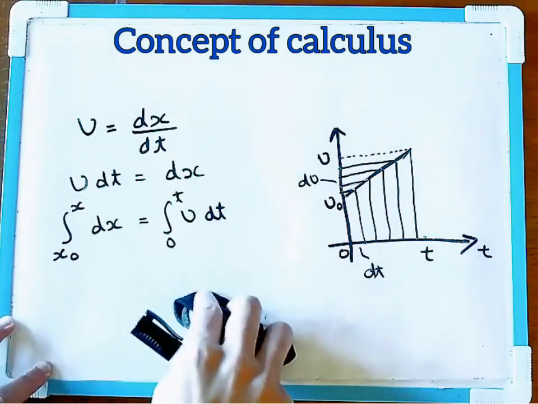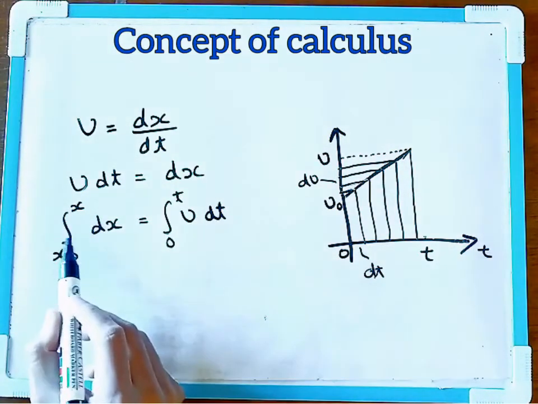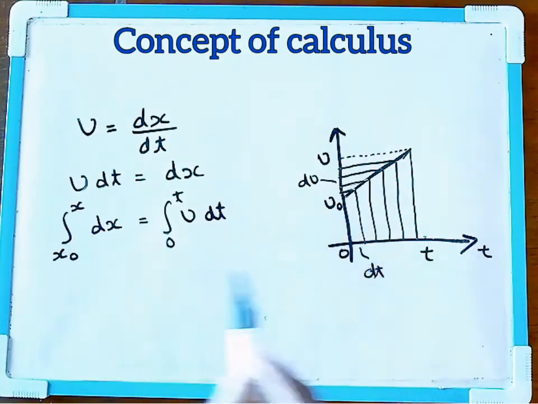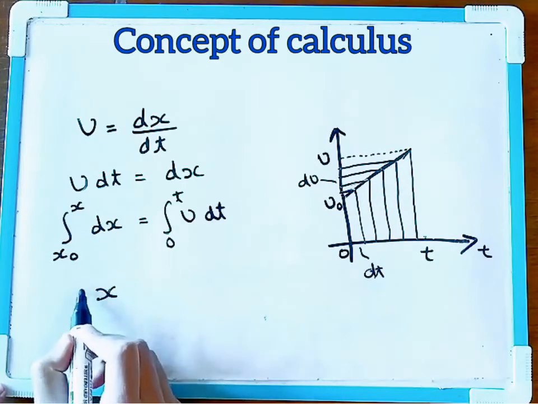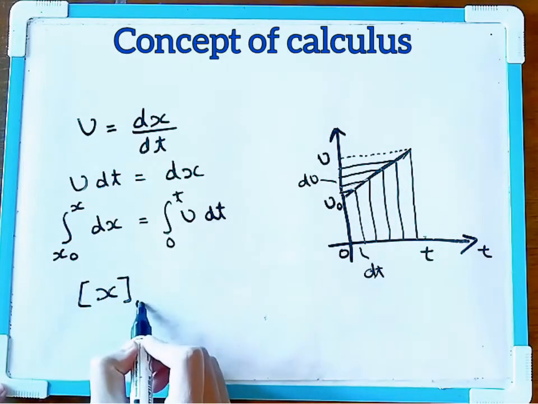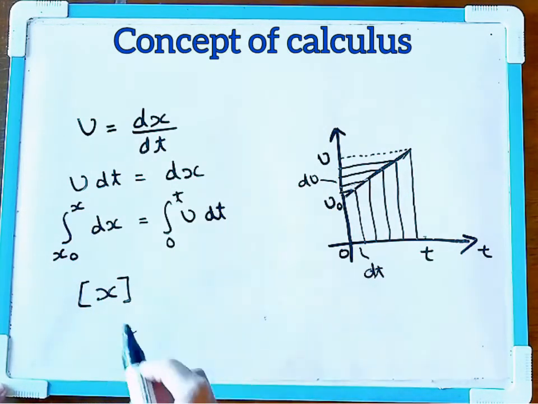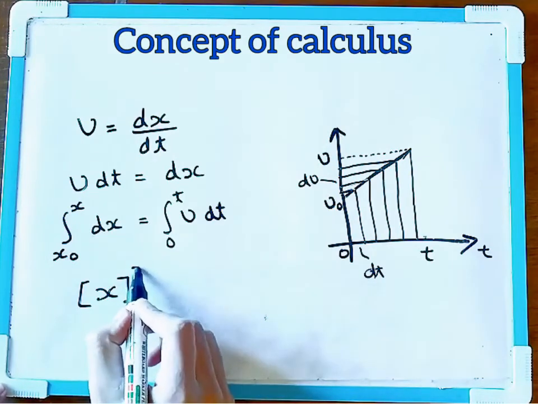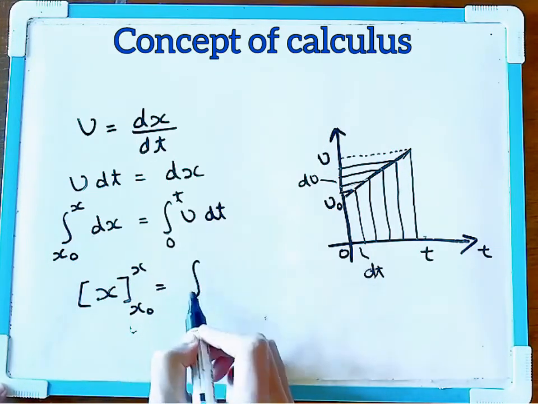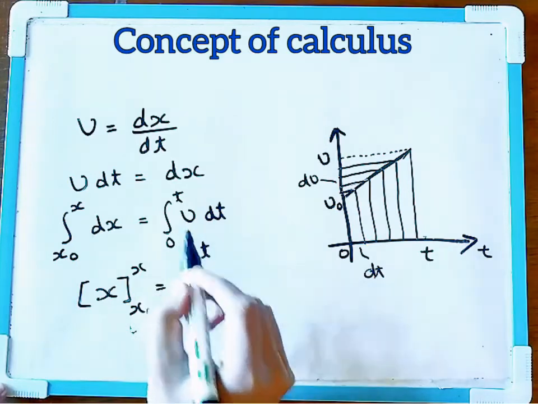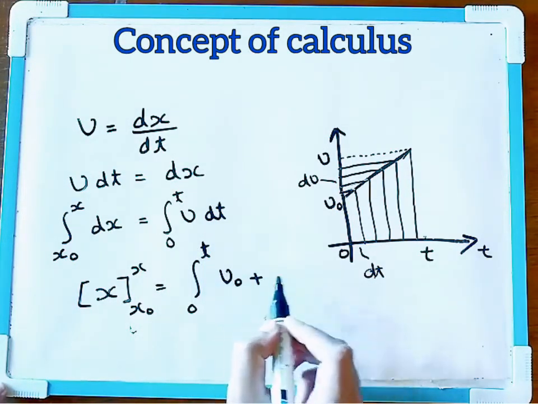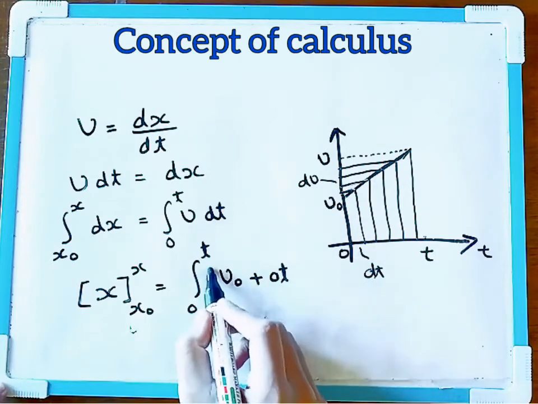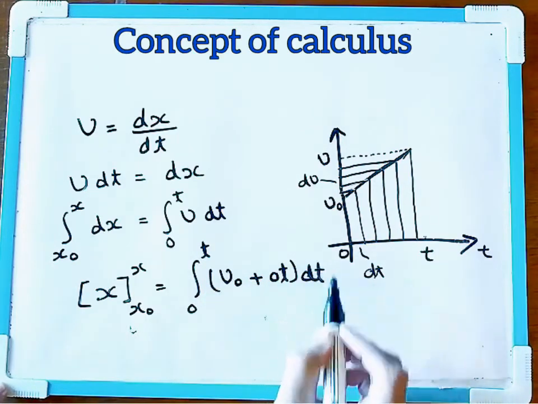And integration of dx, what will that give you? Integration of dx, I do not draw the position time graph here, so this will give you x. But we have a limit, so we'll write x naught, x. Then integration of this. Now v is how much? I'll have to write v naught plus at, dt.